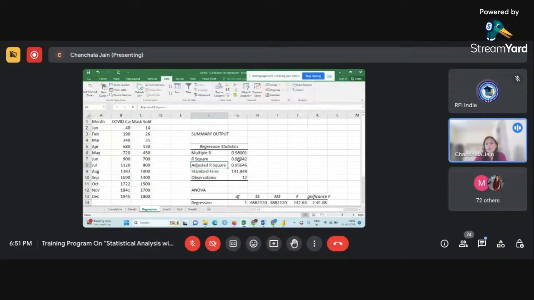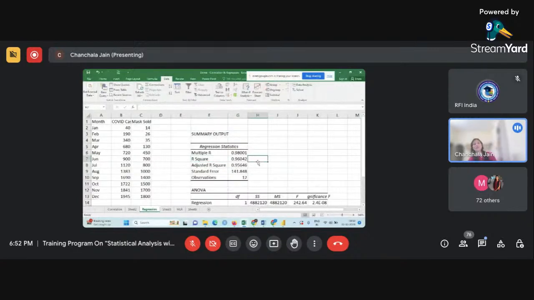The interpretation is the same, but I need to clear which one to report. In the case of simple linear regression, we will go with the R square. R square we report in case of simple linear regression, and adjusted R square we will report in case of multiple linear regression, right? So here we will report R square, right?